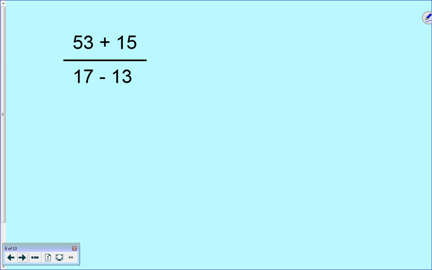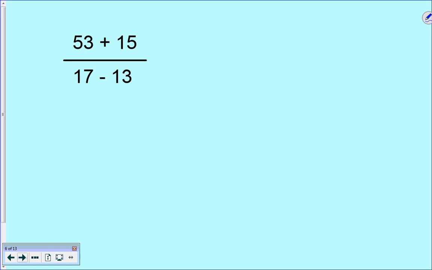This is the only time ever that there's an exception to please excuse my dear Aunt Sally. What operations do you see in this problem, Olivia? And divide. According to please excuse my dear Aunt Sally, what should you do first? Divide. Do I have anything to divide, really? So this is the only time ever you can break this rule.